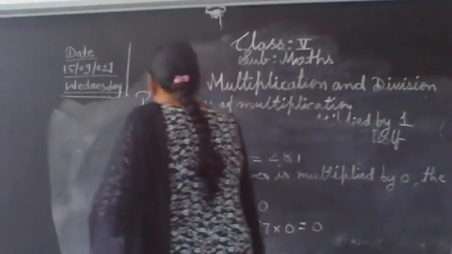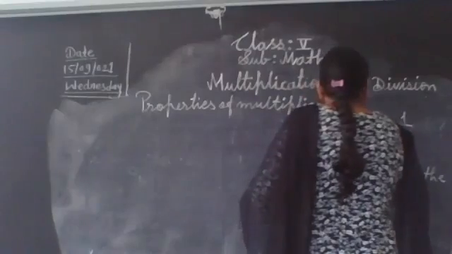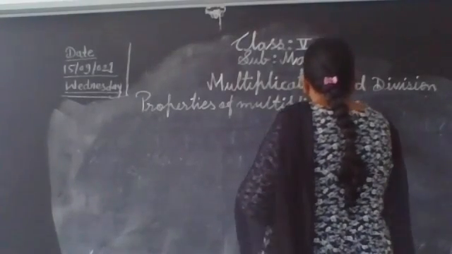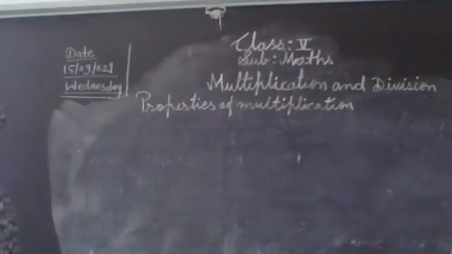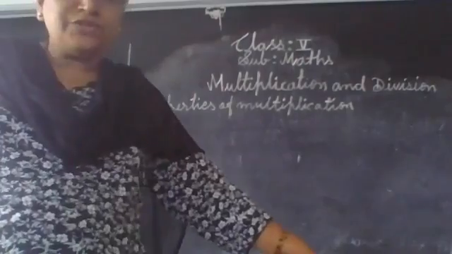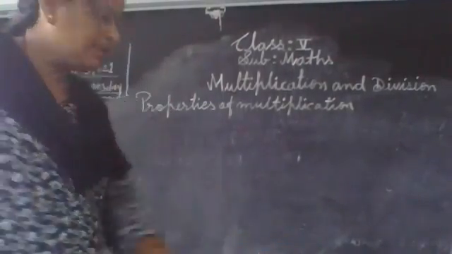Next property. The product of the number does not change with a change in the order of multiplication. Which means if you change the order of the multiplication, the product remains the same.